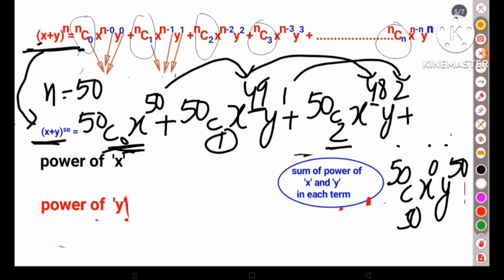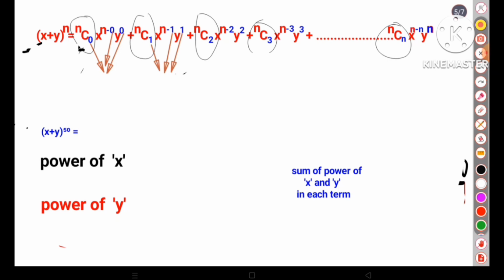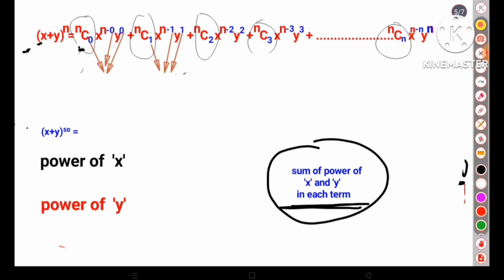Similarly, in the last expression, the power of x will be 0 and the power of y will be 50. One more thing we can observe from here is that the sum of the powers of x and y in each term will be the power of the expression, that is n, and it will be the same for each term.